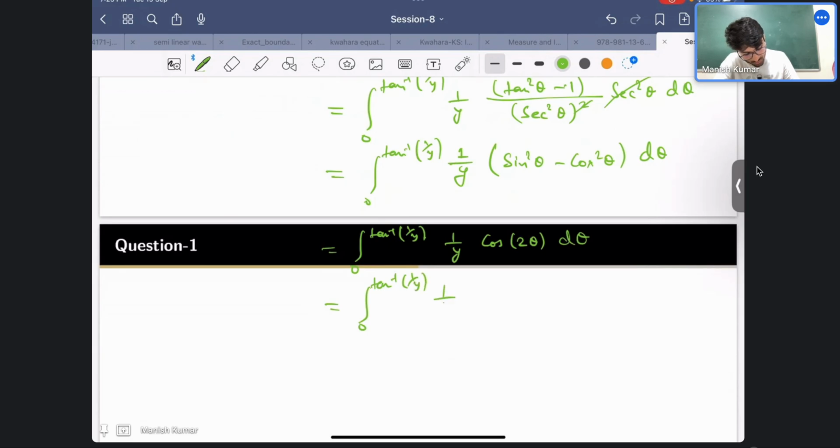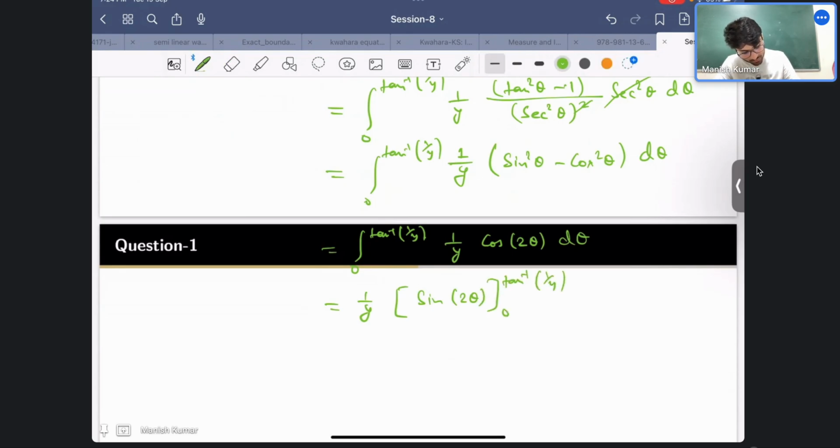Now again 0 to tan inverse 1 by y. So this 1 by y I can take outside, right? So it's better to write outside. This is 1 by y, and this cos 2 theta, if you integrate, you'll get sine 2 theta, right? So you get sine 2 theta from 0 to tan inverse 1 by y.